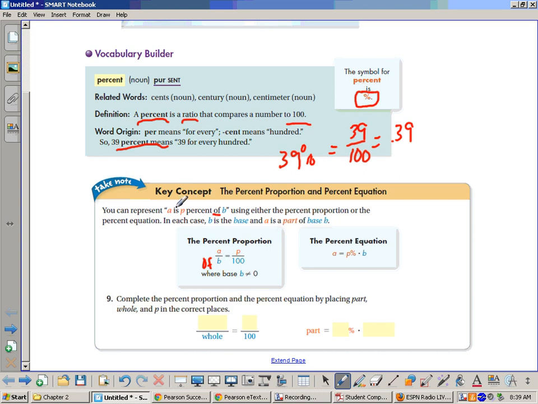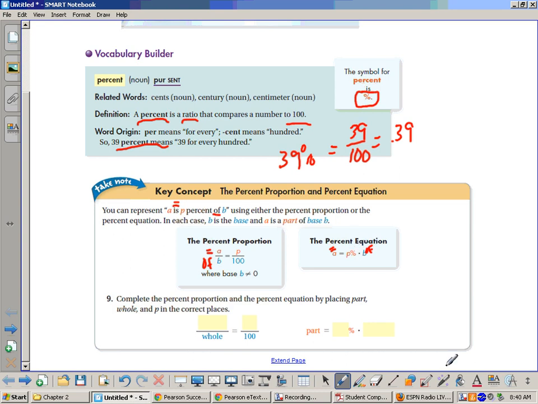Typically, when we're talking about is, that means equals. The number referring to the equals part goes on top. The same thing will be true when you're setting up your percent equation, if that's what you choose to use. The equals part, or the is part, always goes over here by itself, and then the of part goes over here next to the percent.